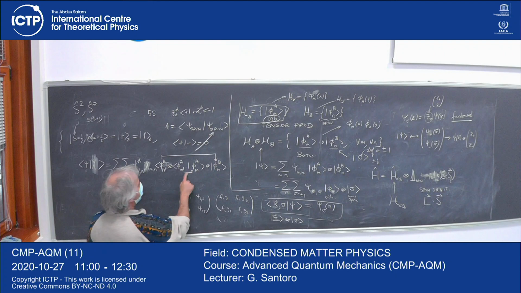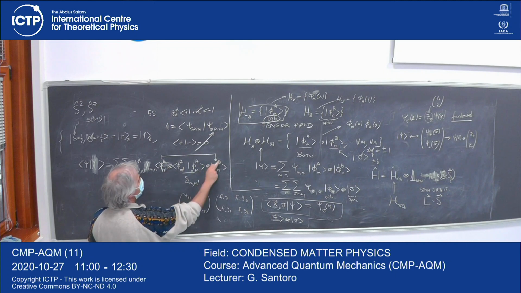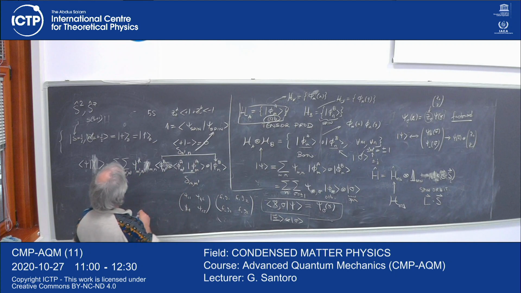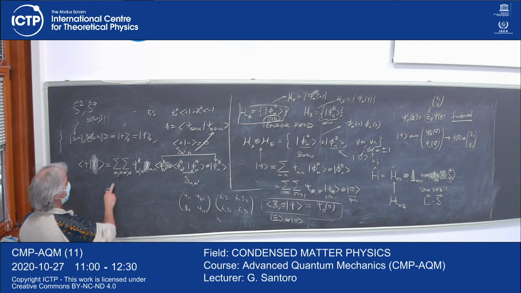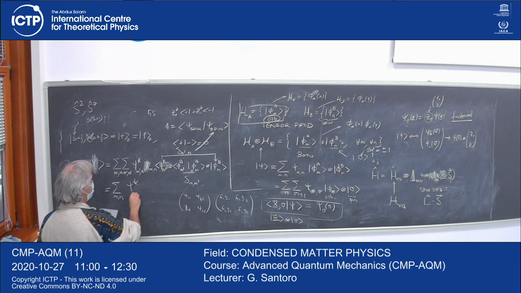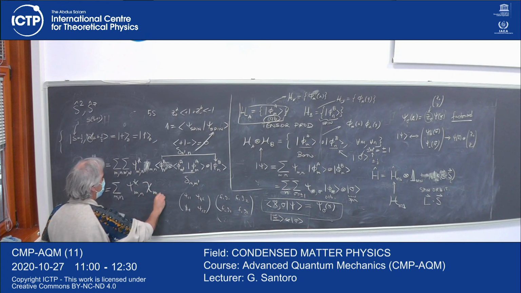And then you realize that this is an orthonormal basis, and this is also an orthonormal basis, so there is a Kronecker delta m prime m, and the result is that there is a single sum over m and n, and then I have psi star m n, chi m n.